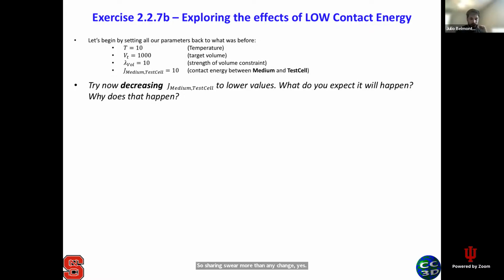Okay. What else? Maybe a harder time keeping its volume. Maybe it's actually harder to be able to keep its volume. There's something else that will happen. Like an amoeba, in what sense? Less round on average. Why is it less round?